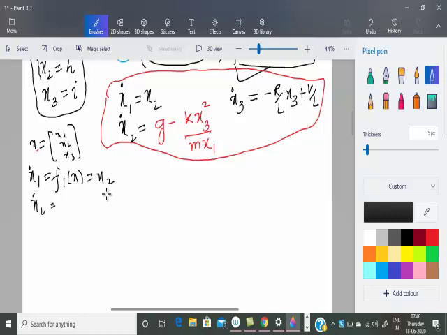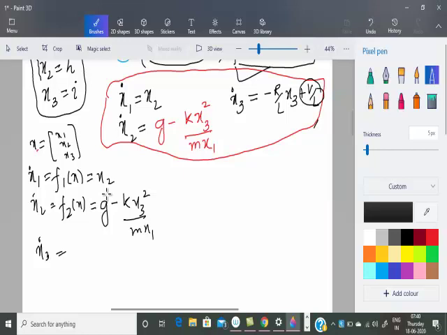x2 dot is equal to f2(x), the second state equation, which is equal to g minus k x3 square by m x1, right? And x3 dot has an input term because this v is the input, right?